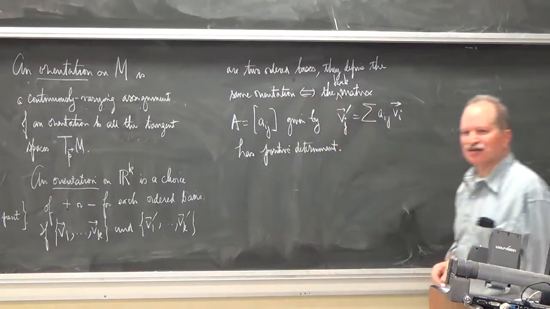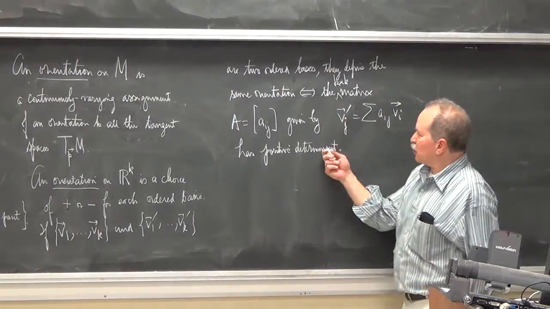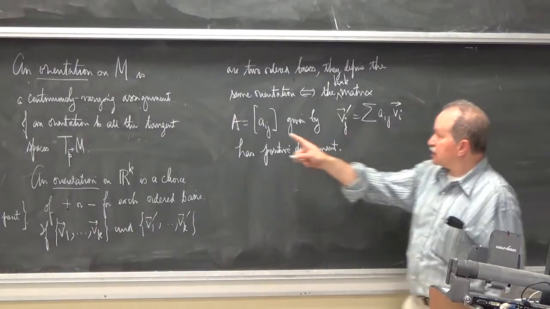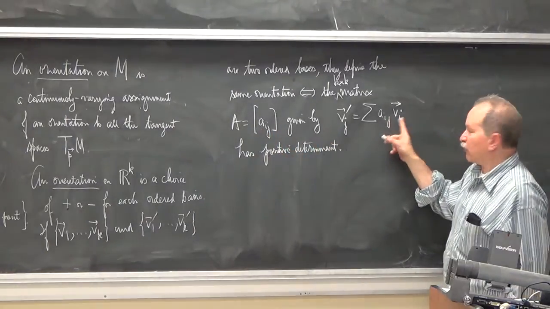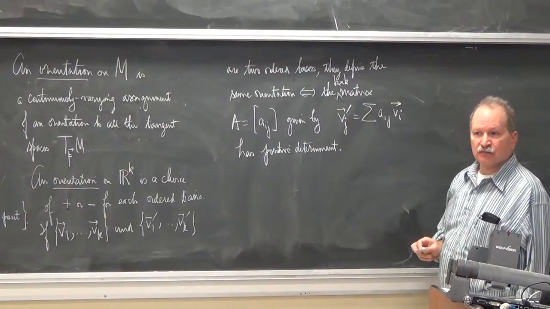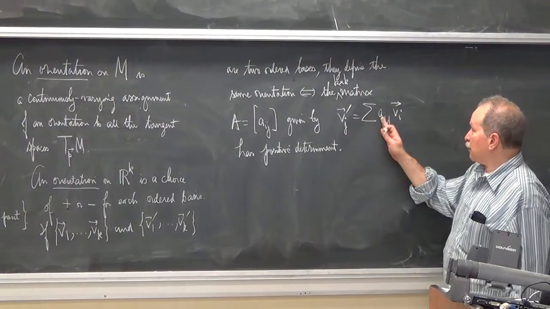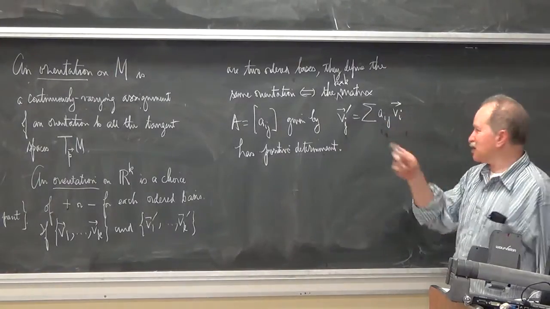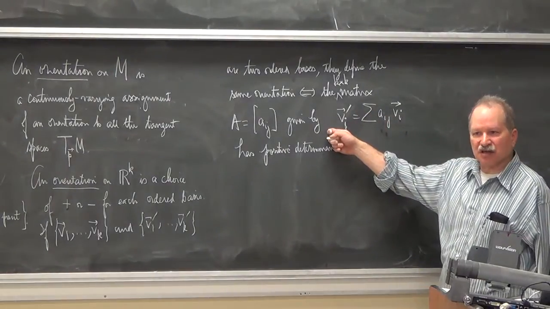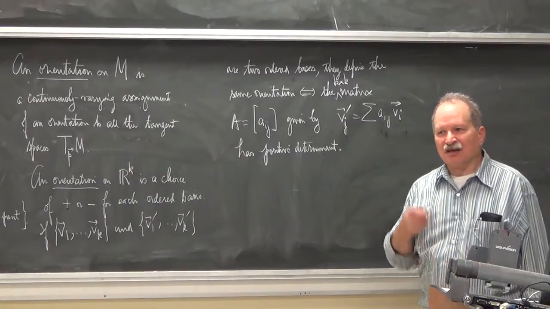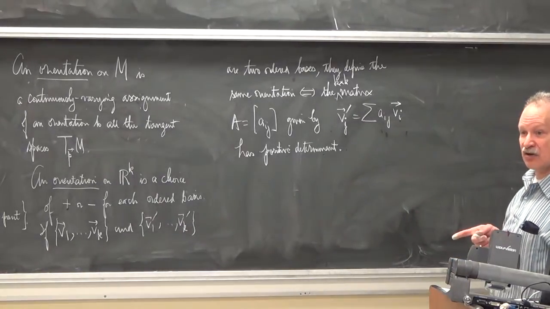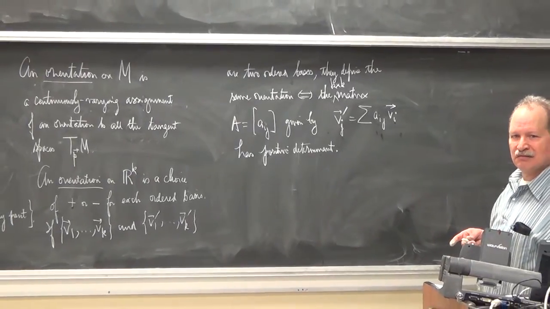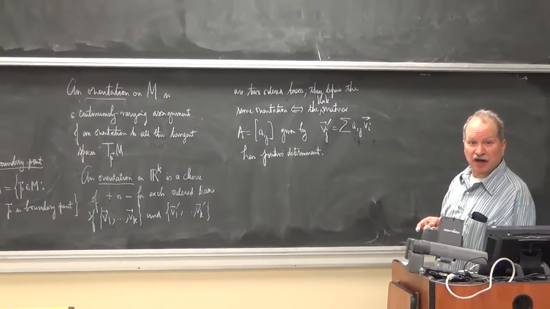So to answer Ken's question, if you have two ordered bases, you have a non-singular matrix that tells you how to get from one to the other. Each can be written as a linear combination of the other. That has to be a non-singular matrix because you can go backwards and solve for the v's in terms of v prime, so it has to be an invertible matrix. If you have an invertible matrix, its determinant is either, invertible is equivalent to what about determinant?